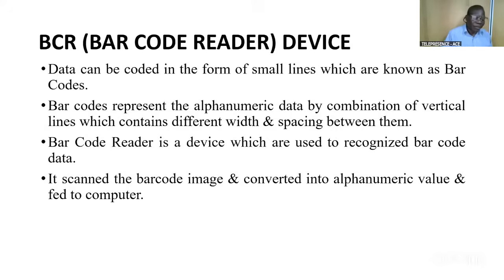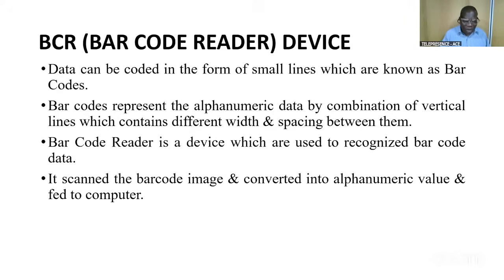Barcode reader. Data can be coded in the form of lines, which are known as barcodes. Barcodes represent alphanumeric data by a combination of vertical lines which have different widths and spacing between them. The barcode reader is a device which is used to recognize barcode data.